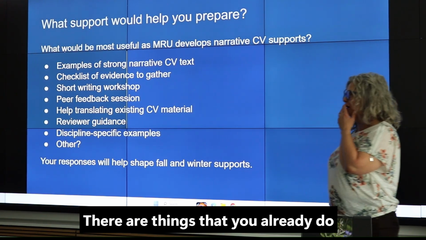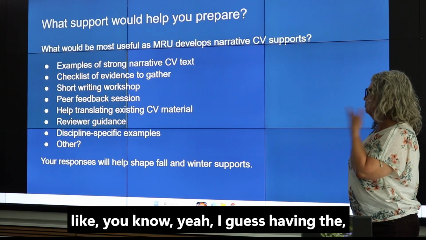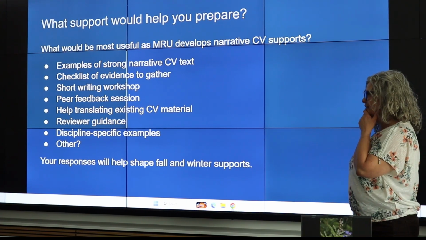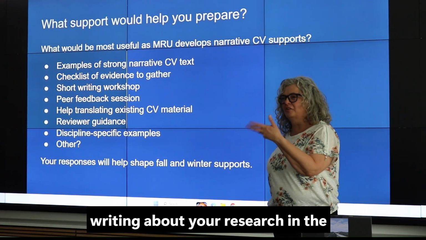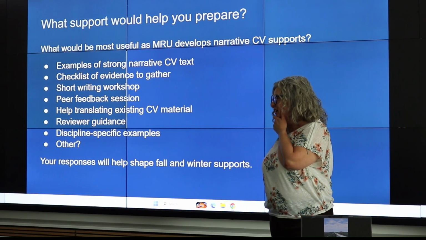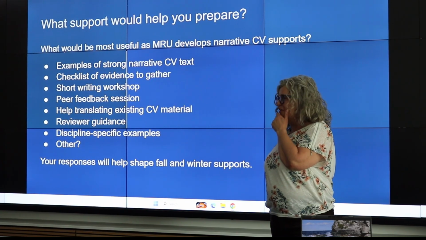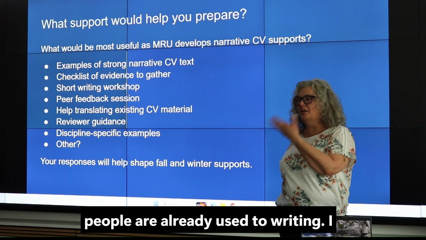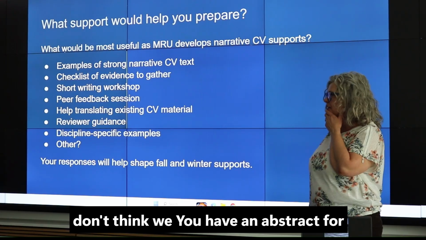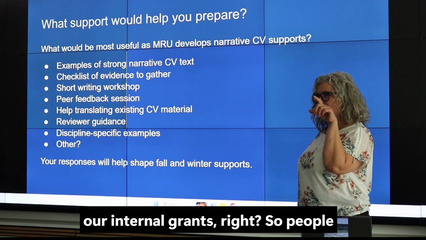There are things that you already do, like having or, like, a modification where you're writing about your research in the major impacts part of the CVs that people are already used to writing. I don't think we have an abstract for our internal grants, right?